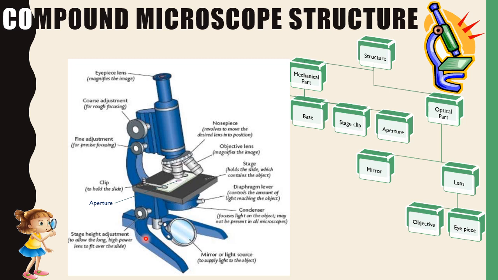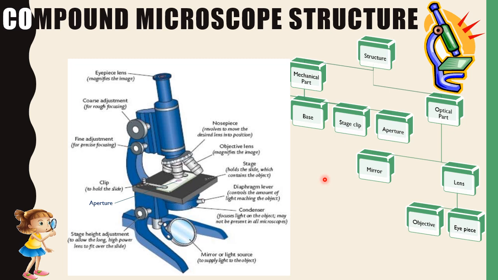This region made of metal is the base. The stage clip is over here, the platform, and the other wings which will keep the specimen properly. Besides that, the aperture is the small hole at the center of the platform.